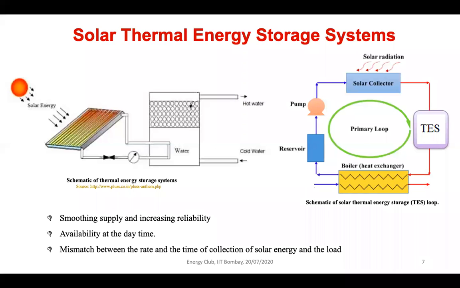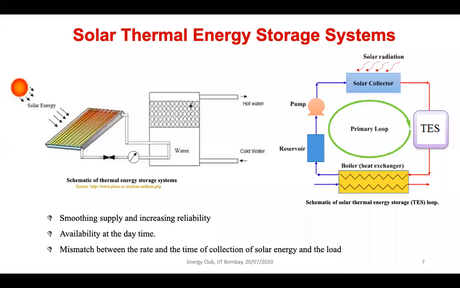Whereas on the right hand side, if you see, it is showing a typical schematic diagram of a solar thermal power plant, which is a two-stage solar thermal power plant. There we can see that if we install some thermal energy storage, abbreviated as TES, then during cloudy days or during the non-availability of solar radiation, we can utilize the stored energy in TES and maintain the electricity generation at a certain level, something like 100 kilowatt, 200 kilowatt, depending on our need.